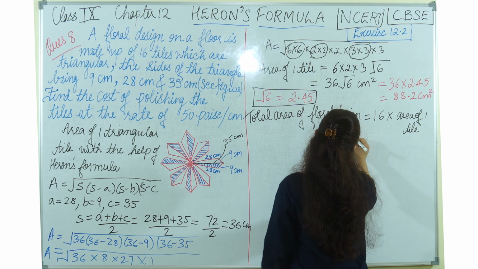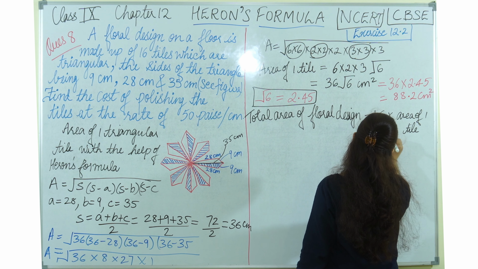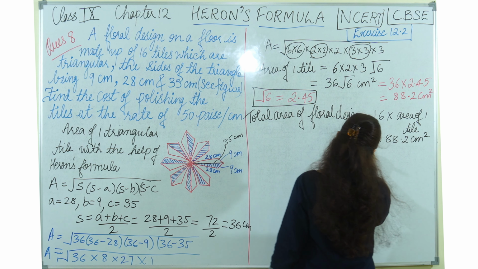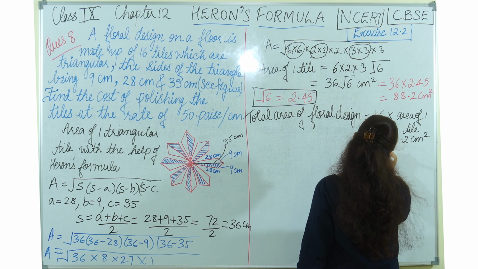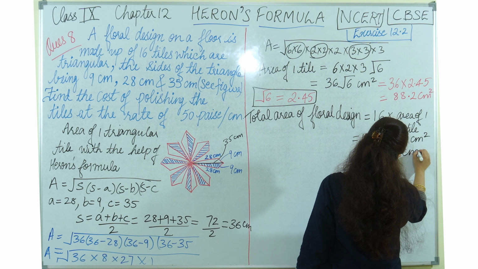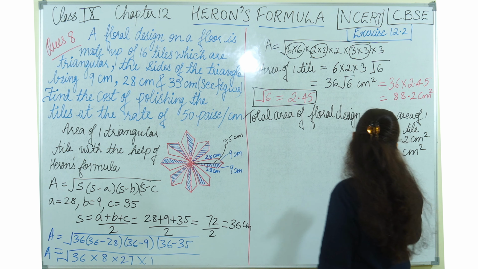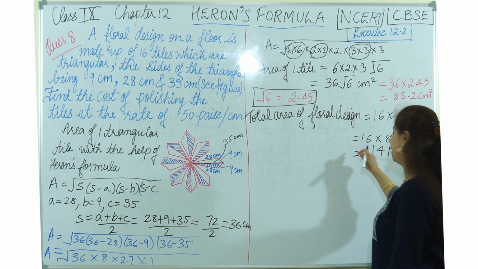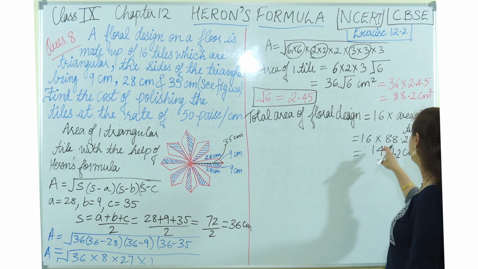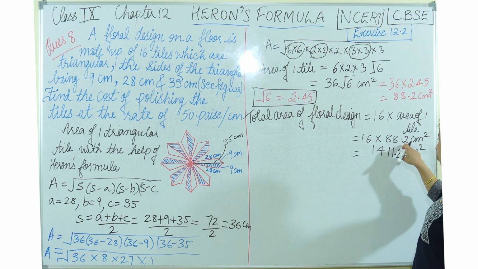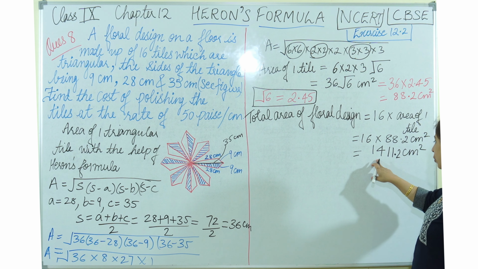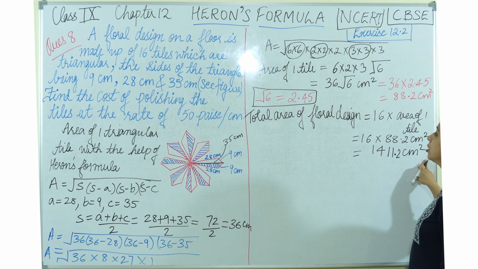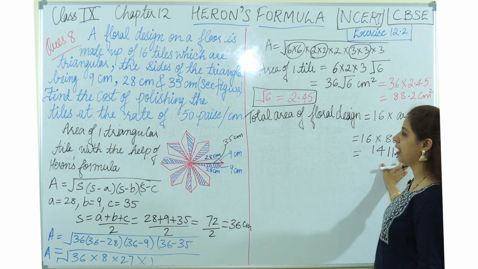Okay, so it will be equal to 16 into 88.2 centimeters square, which will be equal to 1411.2 centimeter square. When you multiply 16 by 88.2, you will get 1411.2 centimeter square. So this is the total area we have got.